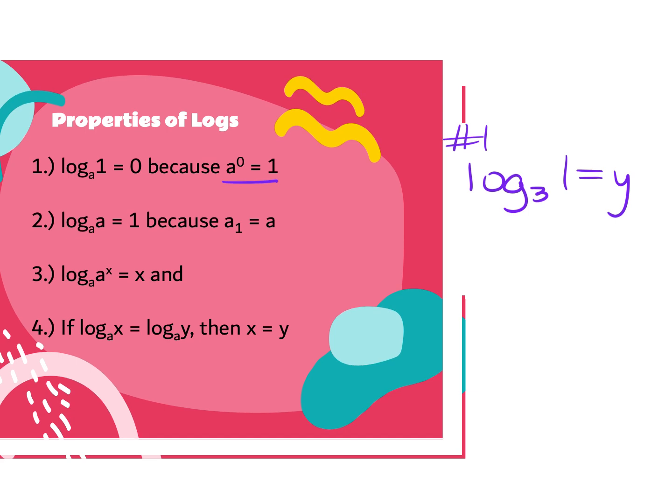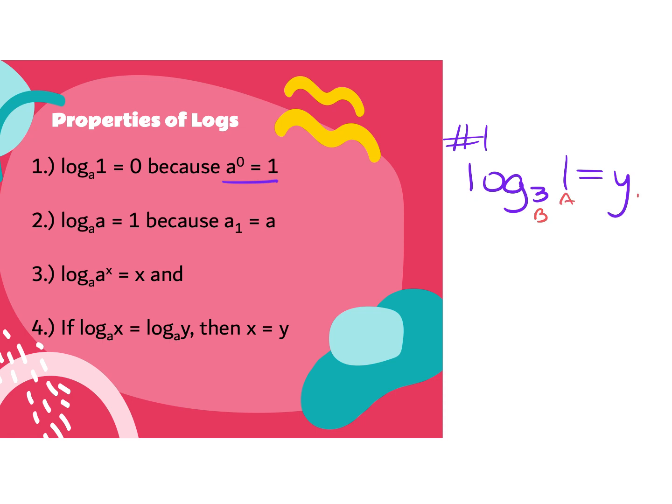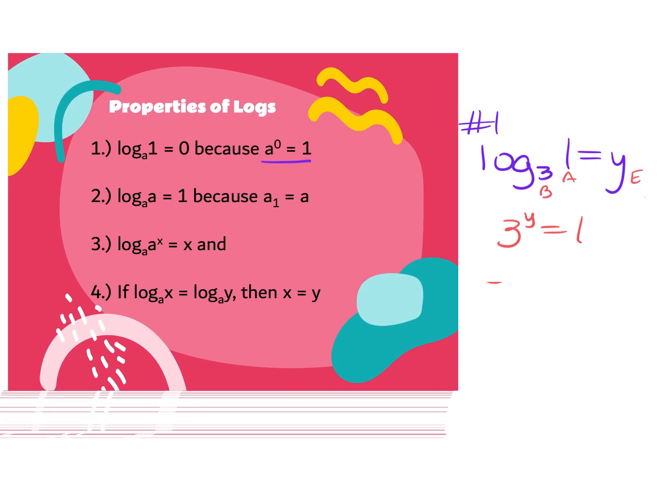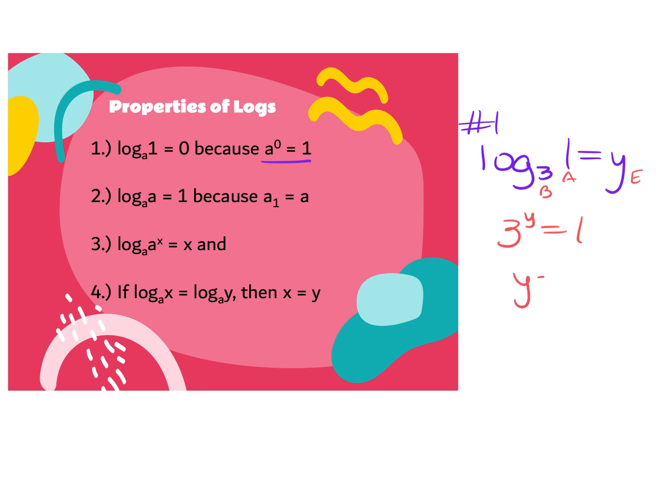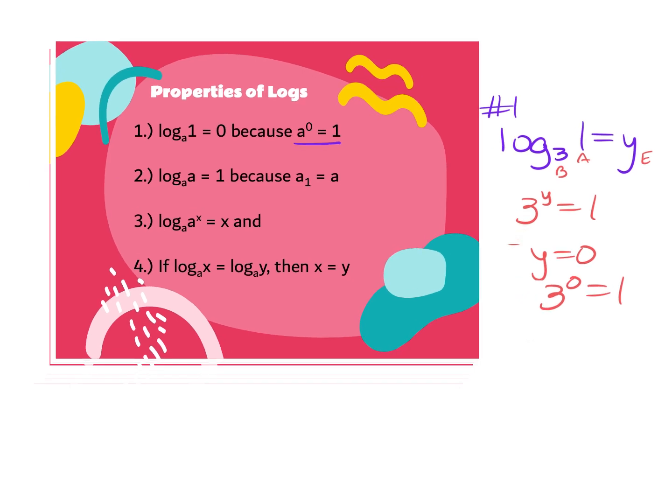And then if we turn this to exponential, because again, remember, this would be BAE, so 3 to the y power equals 1. And here you need to recognize that when the answer is 1, this variable is always going to be a 0. So 3 to the 0 equals 1. So be able to recognize this property that anything to the 0 power equals 1.